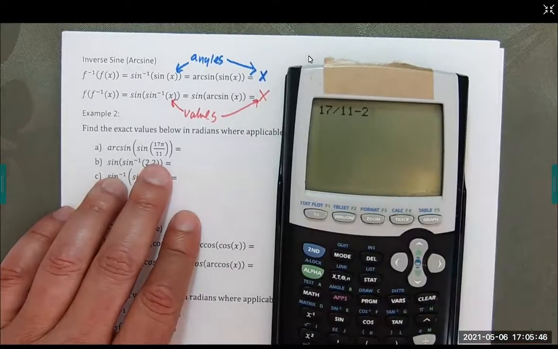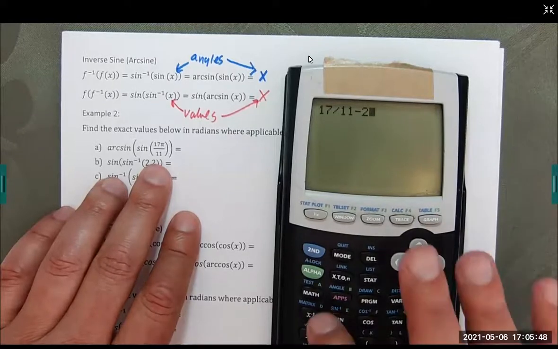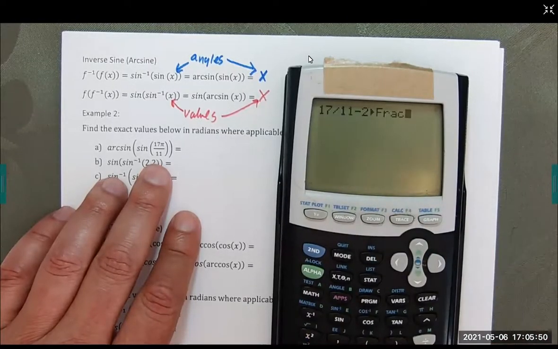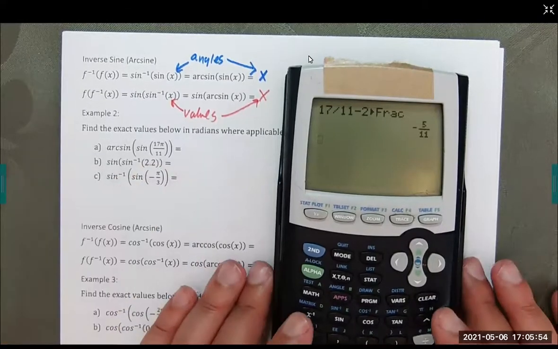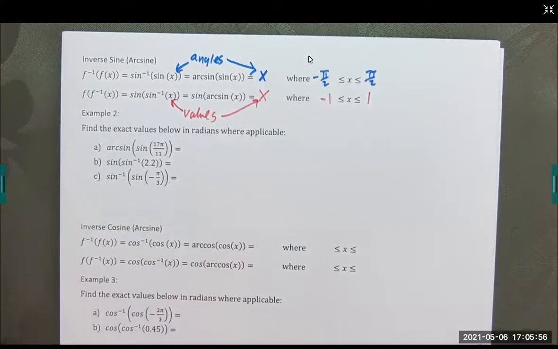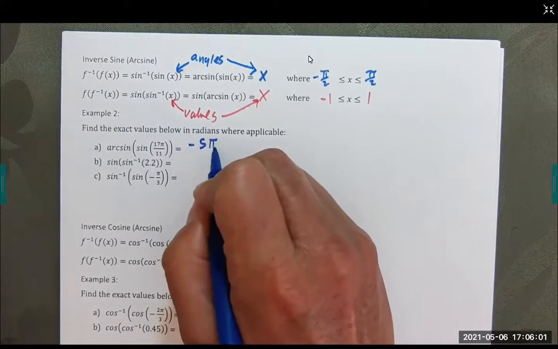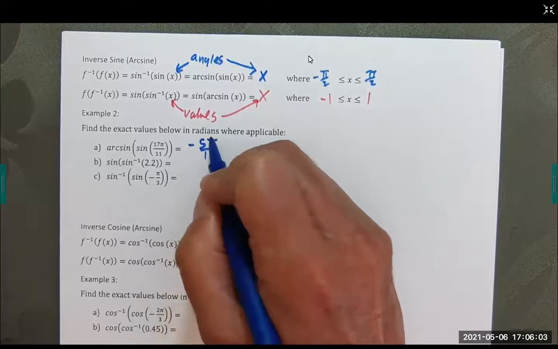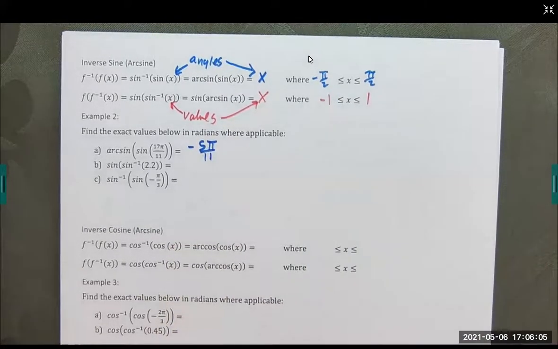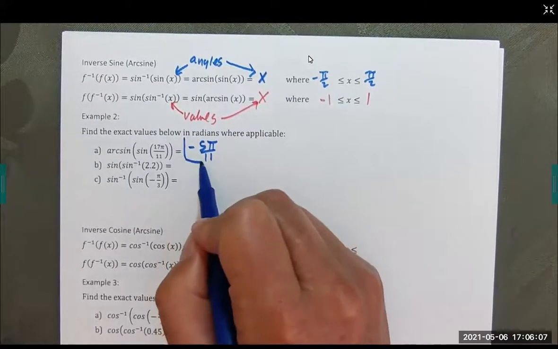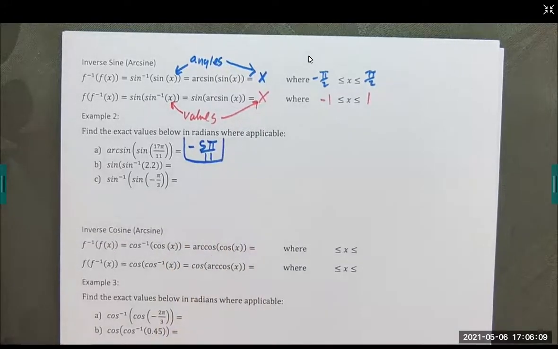I'll put the pi's in later. And then I'm going to convert it to a fraction. Much better. So this means that my answer, negative 5 pi over 11, is between negative pi over 2 and pi over 2. So even though I said they cancel, we have to be really careful as we're looking at this. That was A. Let's take a look at B.